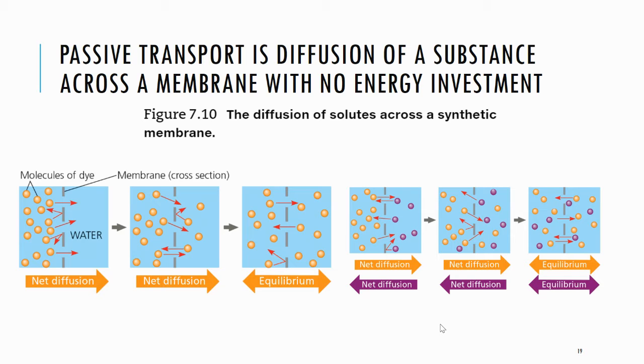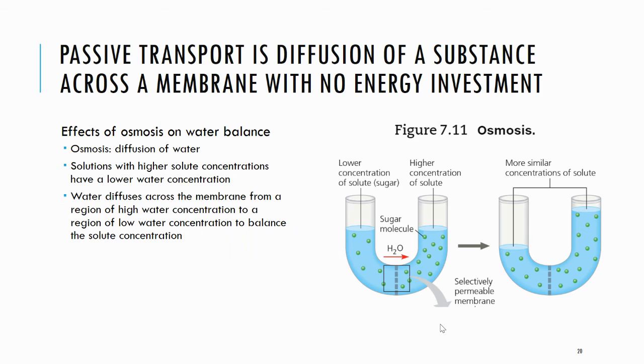So here is an example of diffusion, in which you can see the molecules and the arrows in which they are moving. Osmosis is the facilitated diffusion of water. Solutions with higher solute concentration have a lower water concentration. So water diffuses across the membrane from an area of high water concentration to low water concentration to balance the solute concentration.